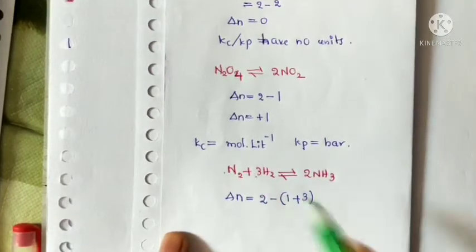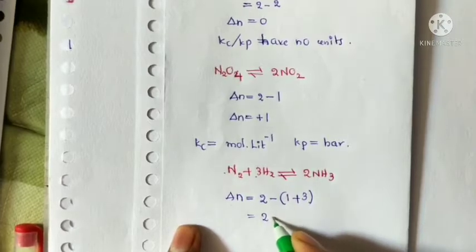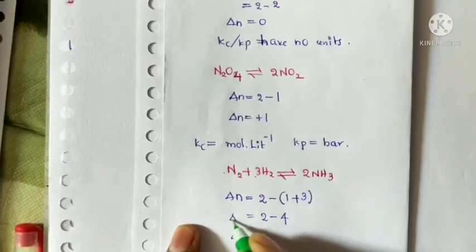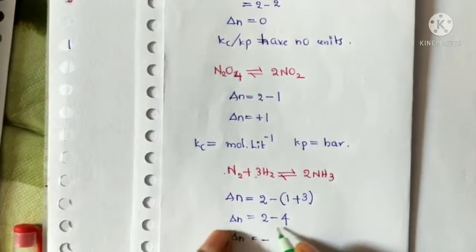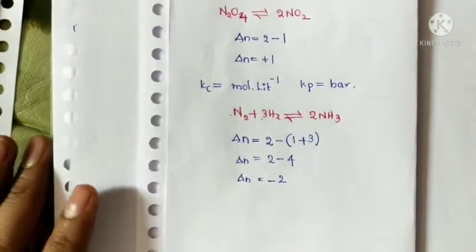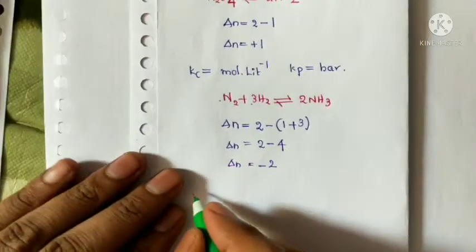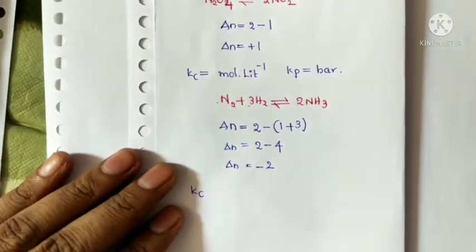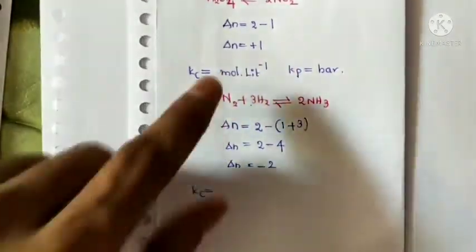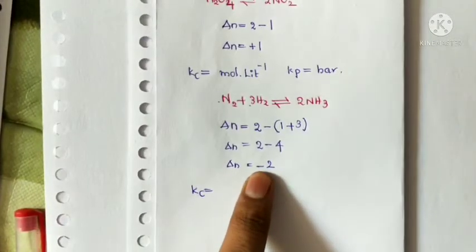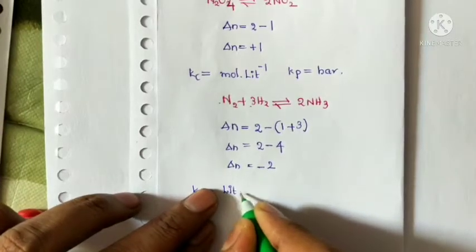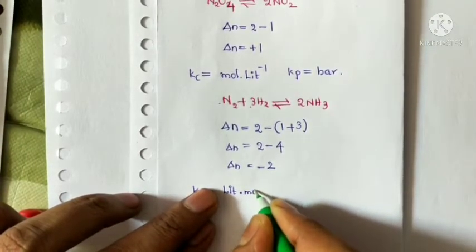So 2 minus 4. So the delta n value is negative, with a value of 2. Now determine the Kc units. Generally positive delta n means mole per liter, but negative means liter per mole.